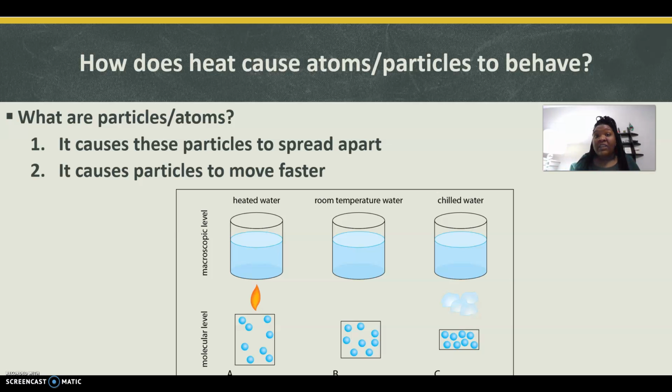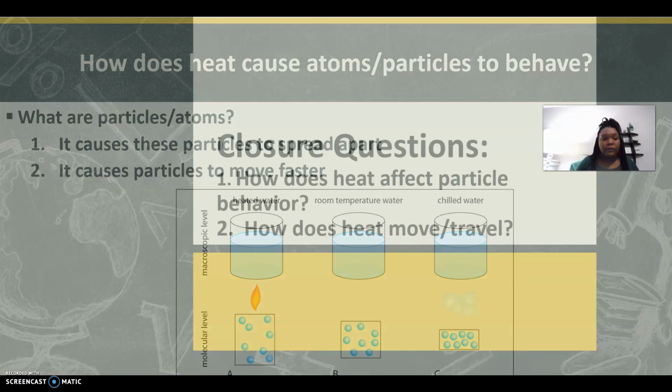To illustrate this with our fists: chilled water, room temperature water, what do you notice? Those particles are spreading apart and moving faster. And then as that water starts to boil, those particles are spreading out even more. Yes, they're moving even faster.